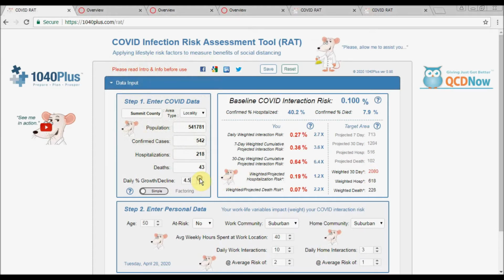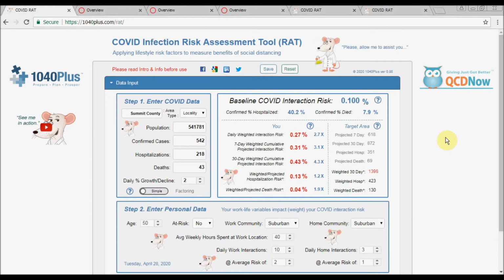So that's why it's critical to have an accurate growth rate. Okay, now that we have accurate data in, we're going to discuss the methodology, the interpretation of the data, as well as how the data changes based on work-life variables.